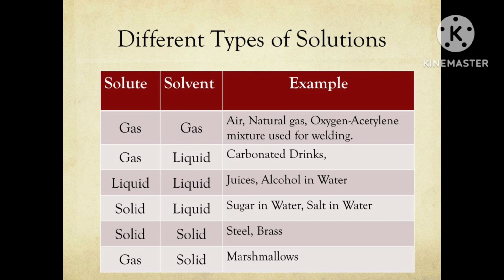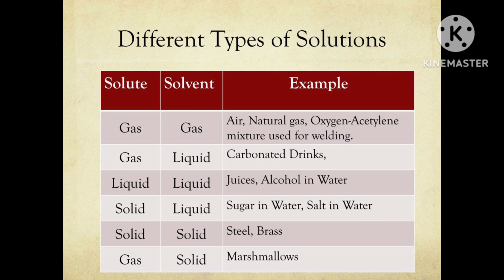Now, suppose a liquid is present in gas. For example, chloroform is a liquid, chloroform mixed with nitrogen gas. This is an example of liquid plus gas. This is also called a gaseous solution because gas is in more quantity and liquid is in less quantity.